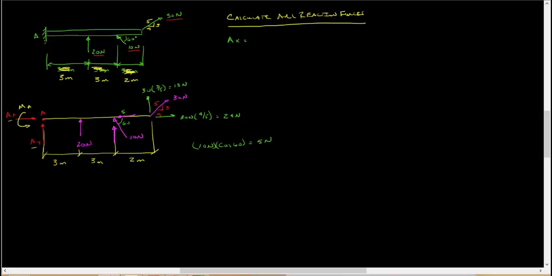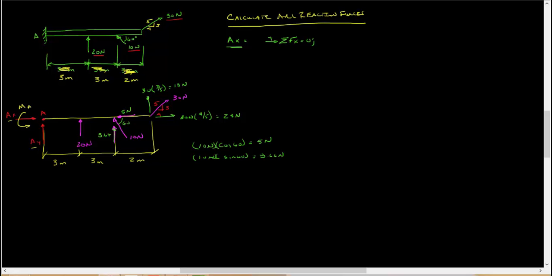So this one here is 5 newtons. And then this one in my y-axis is going to be 10 newtons times the sine of 60, and that's going to be 8.66 newtons. So this one here is 8.66.